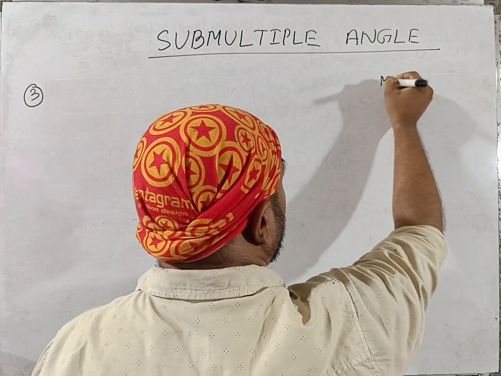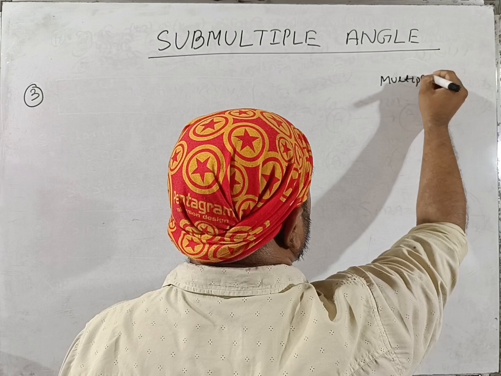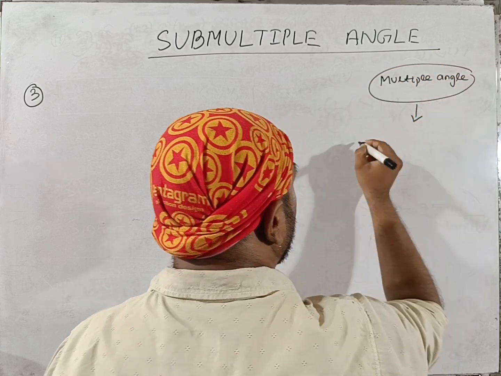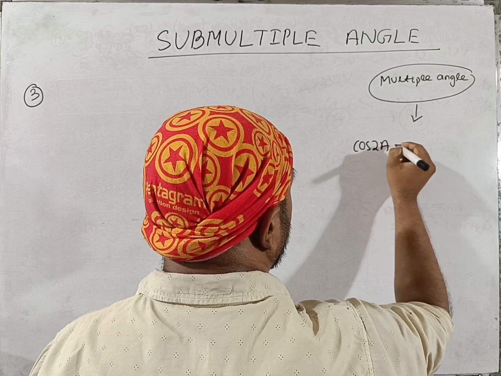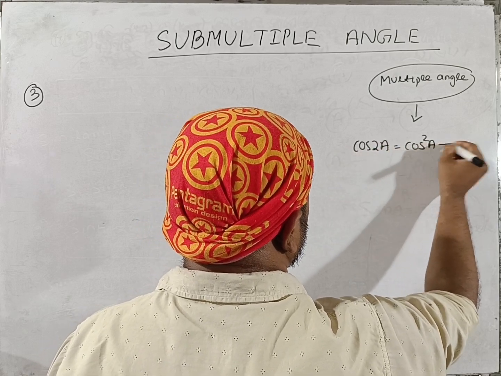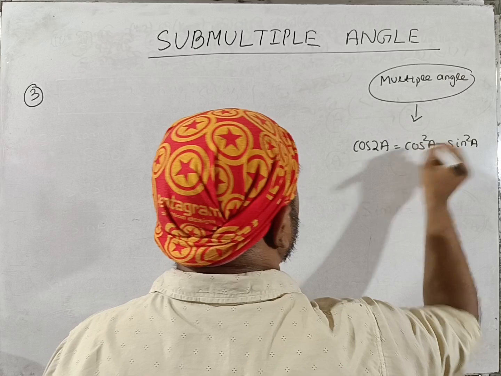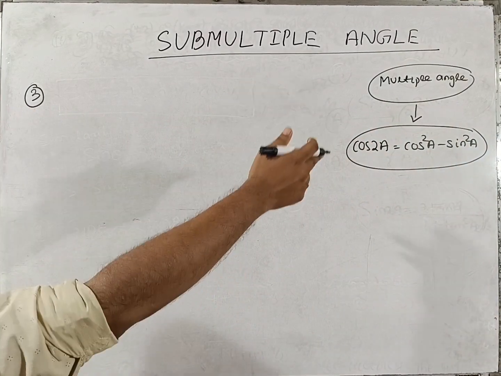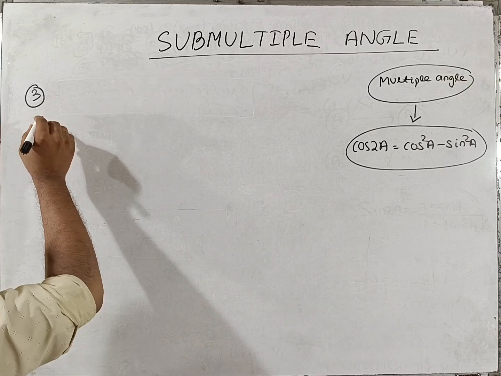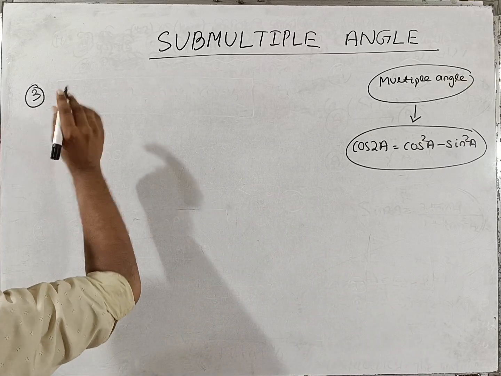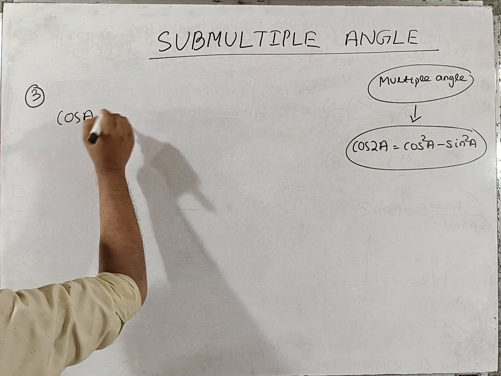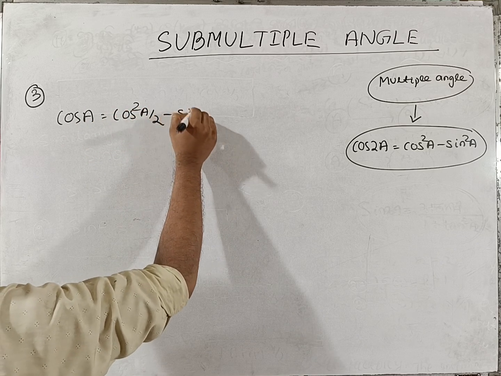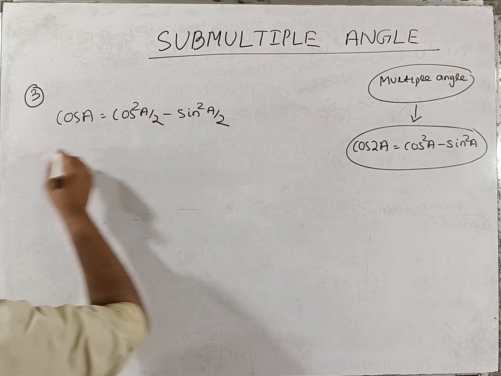In the multiple angle, we know that cos 2A is equal to cos square A minus sin square A. So we have to convert 2A into A and A into A by 2, so that we can get the answer here. So the submultiple formula is cos A is equal to cos square A by 2 minus sin square A by 2.